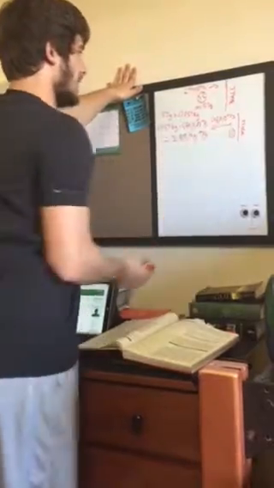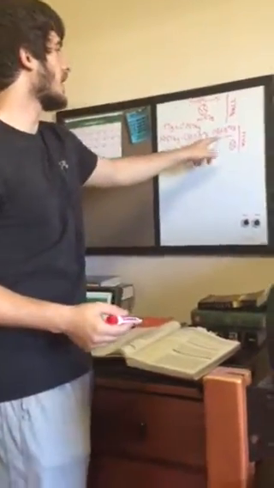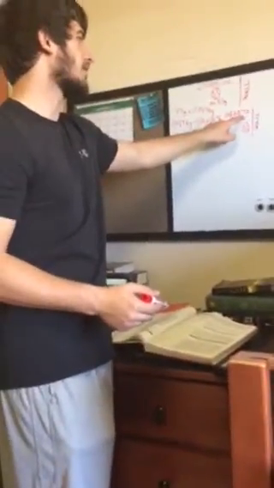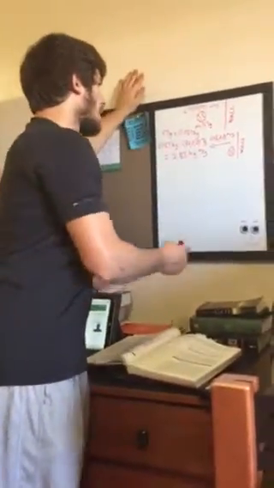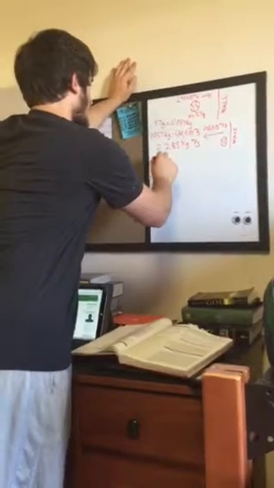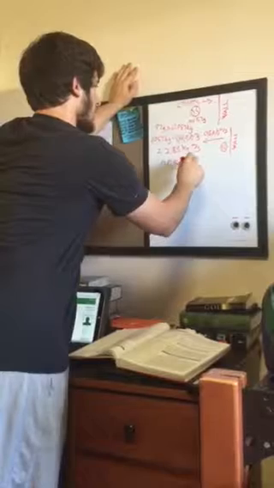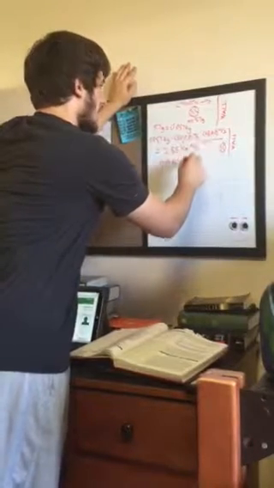Now we're going to calculate the second momentum. So we see that this one was traveling in the positive x direction, this one's traveling in the negative x direction. So same thing, we have the same mass, and we're going to multiply it by this velocity.